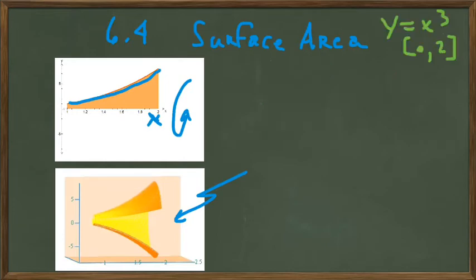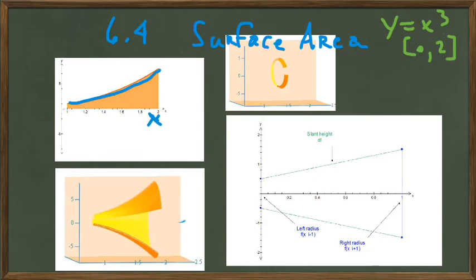So let's put a couple more pictures up here to show how we use calculus methods to find the area of this surface. We're going to take a small slice of this surface area, and that is going to look like a ribbon, like this ribbon here. And that ribbon is sort of blown up in this drawing.